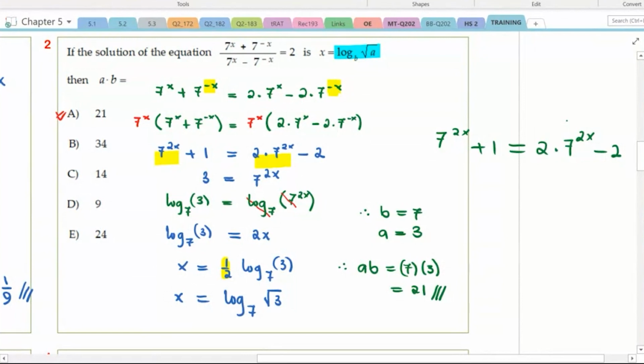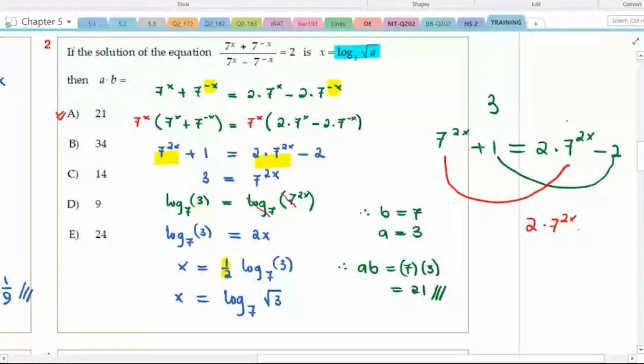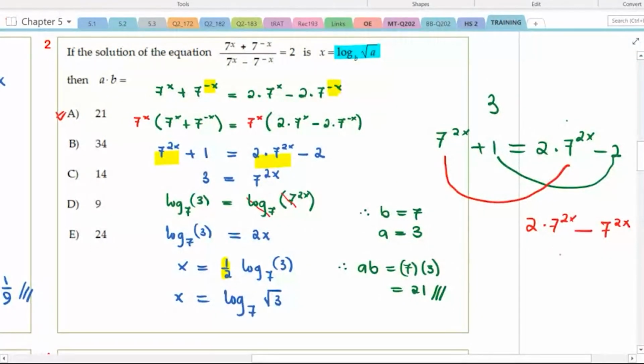So what have I done? Bring the 2 to this side, we are going to get 3. Now, take this 7 to the power of 2x to the left side. So you have 2 multiplied by 7 to the power of 2x minus 7 to the power of 2x. And this is going to be 7 to the power of 2x alone. Why? Because this is actually 1 multiplied.